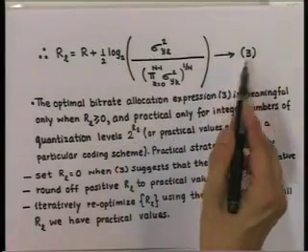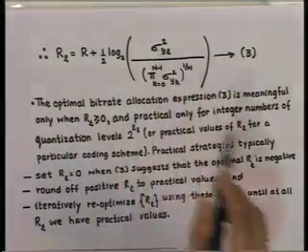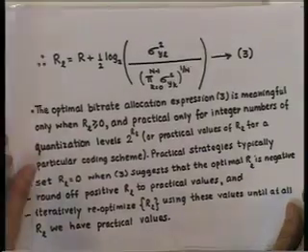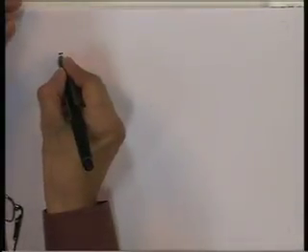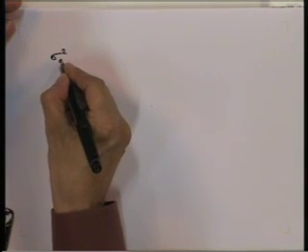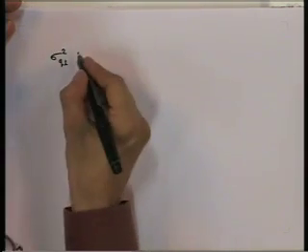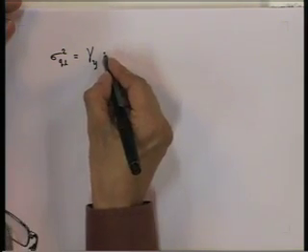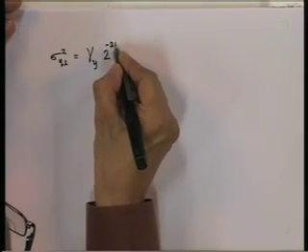So, now plugging equation number 3 into 1, we find that optimal bit allocation implies sigma squared q L equal to gamma y 2 raised to minus 2 r.